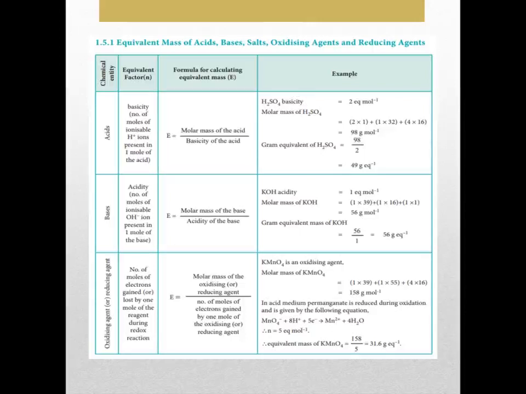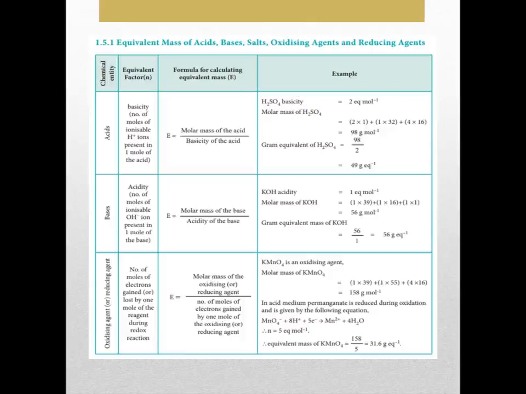We take the oxidizing agent KMnO4, potassium permanganate. The molar mass of KMnO4 is K, 1 into 39, Mn, manganese, 1 into 55, then oxygen, 4 into 16. Multiplying and adding gives 158 gram mole inverse.